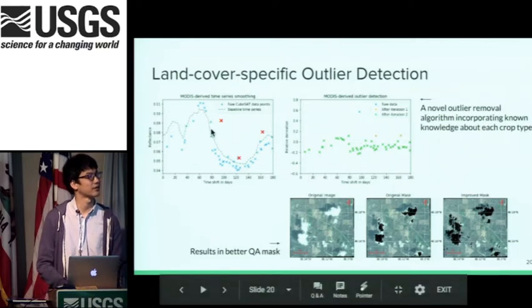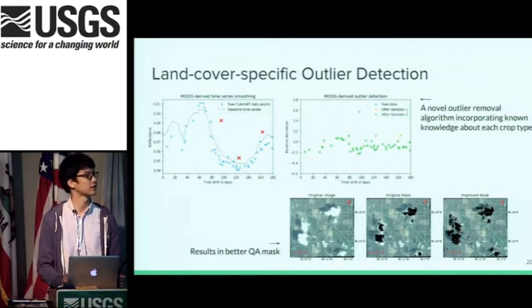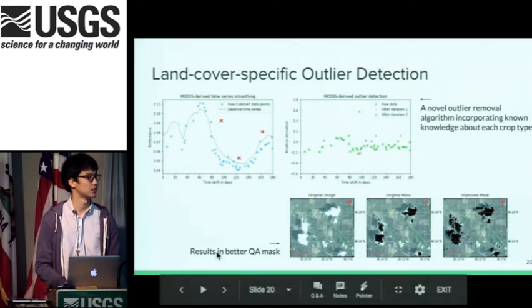Because of that, we can actually infer some more information from the crop cover type. So we developed a land cover specific outlier detection algorithm that basically uses our existing knowledge of how the time series of a corn field should look to detect more spikes that are otherwise harder to identify. And it leads to better quality of the QA mask.